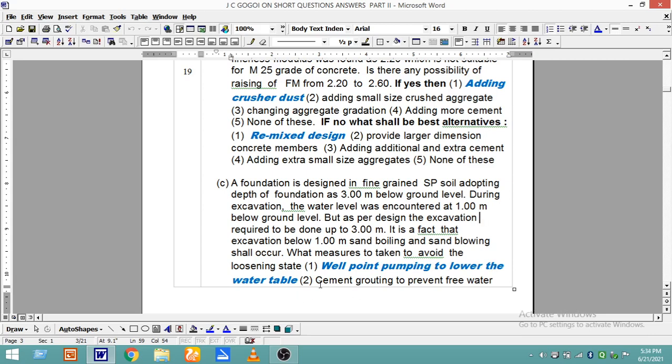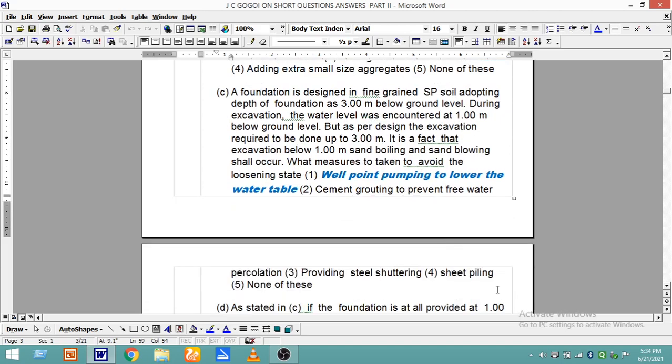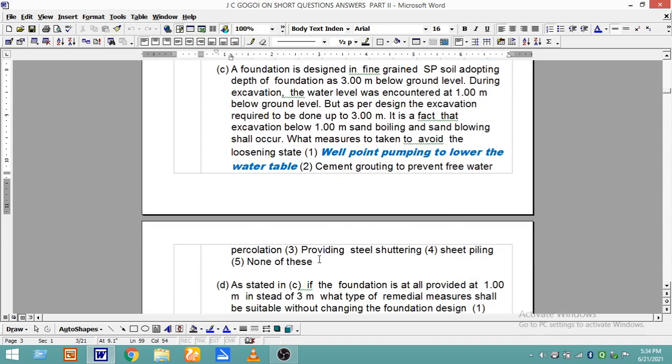Or others, cement grouting to prevent water, providing steel shuttering, sheet piling, none of this. Actually, the best option is well point pumping to lower the water level.